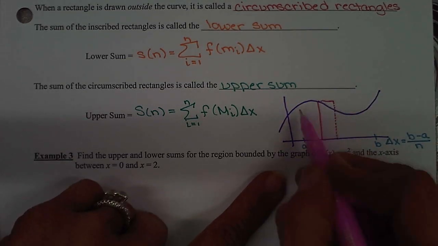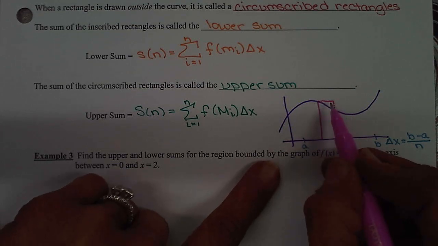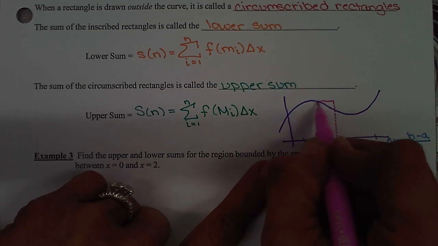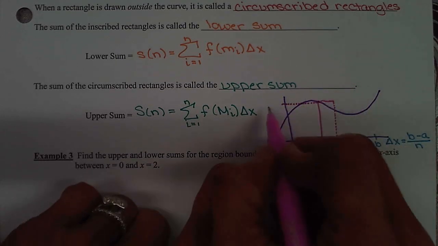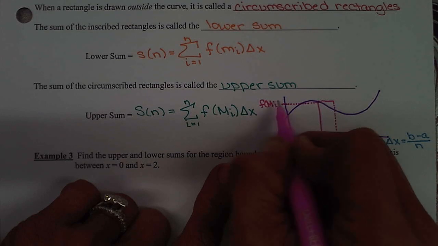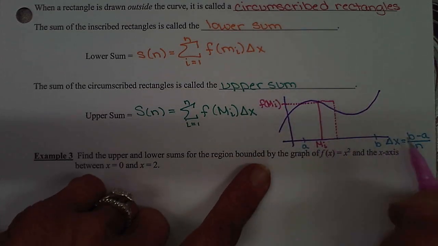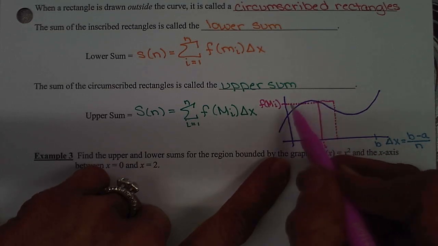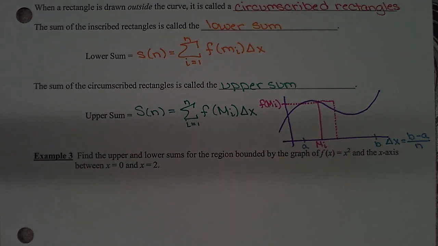If I have this part here and it creates then a circumscribed rectangle, which is the ones here on the outside, this distance here that I'm at gives me the height of that rectangle, that is my f of capital M sub i. So that means that this x value here would be that capital M sub i. It's the y evaluated, or the function evaluated at the x value, that creates that large rectangle.